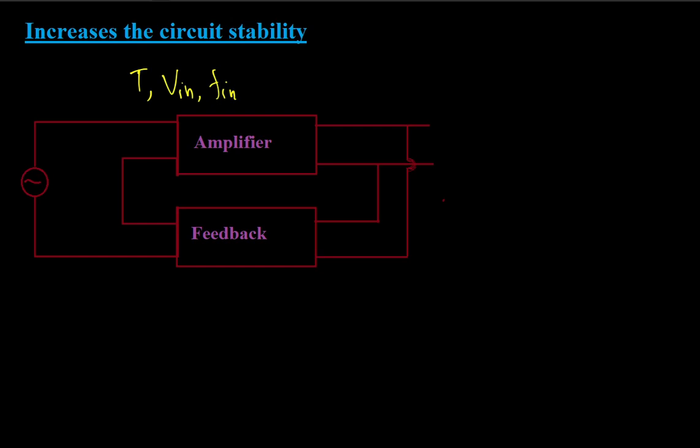So we have to make the circuit stable, or make the output voltage constant irrespective of the variations in these parameters, by using negative feedback. Now let's see how negative feedback attains the circuit stability.